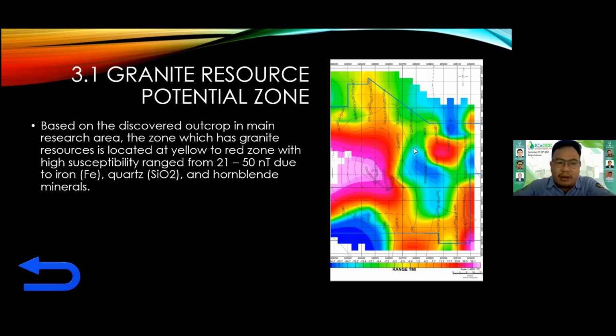And based on the discovered outcrop in my research area, the zone which has granite resource is suspected to be located in the yellow to red zone and purple zone with high susceptibility ranging from 21 to 50 nanotesla due to materials such as iron minerals, quartz, and hornblende.